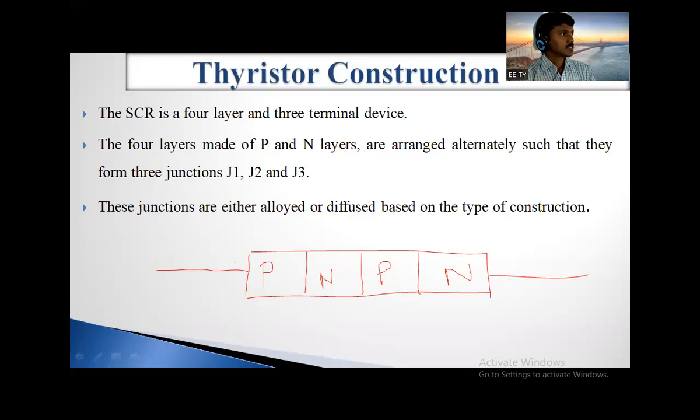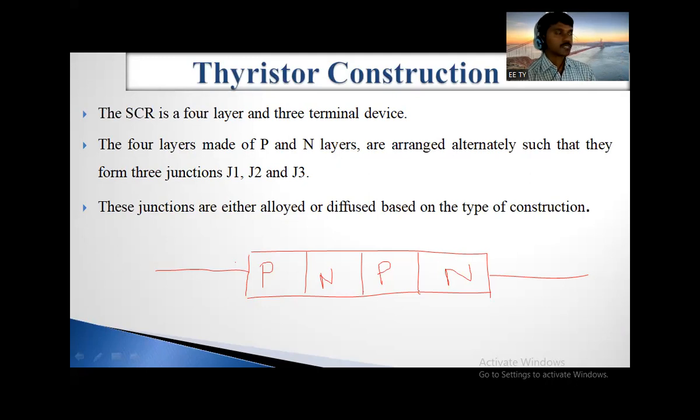Is it clear? So please remember. SCR is made up of silicon material, and it has 4 layers, PNPN. It has two outer layers, one P layer and one N layer, and two inner layers, one P layer and one N layer.